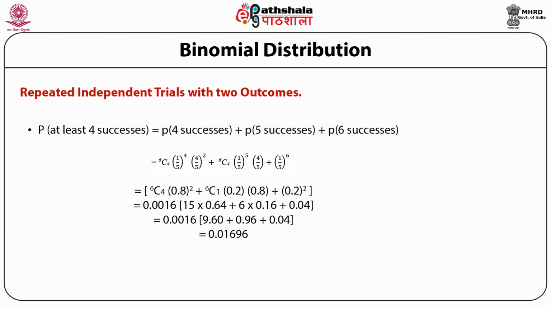At least implies the probability of 4 successes, and more than this, the probability of 5 successes plus 6 successes. Only 6 trials are done, so up to 6 successes. We will calculate all 3 probabilities, then take the sum of these 3. That will be the required probability of at least 4 successes.